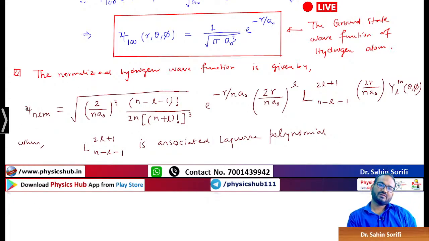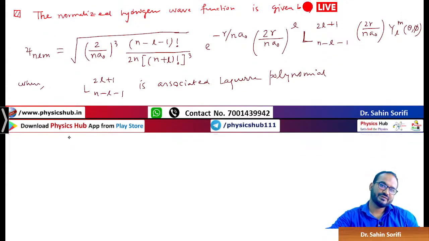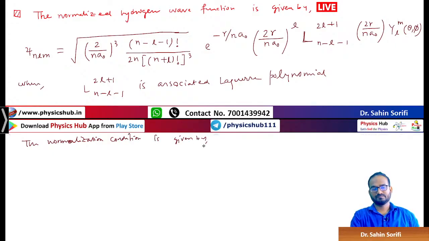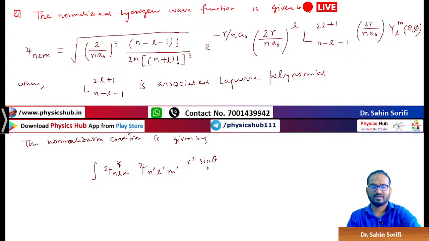So if this is a wave function, what is the normalization condition for this wave function? The normalization condition is given by the integration of psi nlm star times psi n prime l prime m prime, r squared dr sin theta d theta d phi.